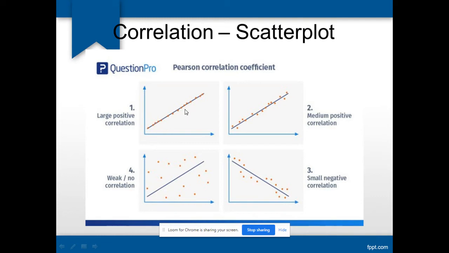Unlike the former two, here you can draw a relatively straight line through all the scores that have been plotted on the scatter plot. Also here, you can still draw a straight line through all the scores plotted on the scatter plot. But here, the scores are so scattered that you cannot draw a line through them. And that is called weak or no correlation.